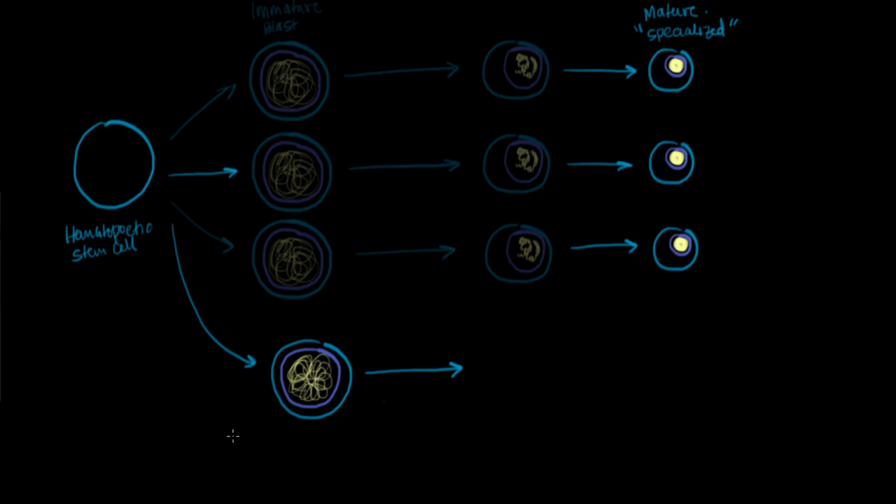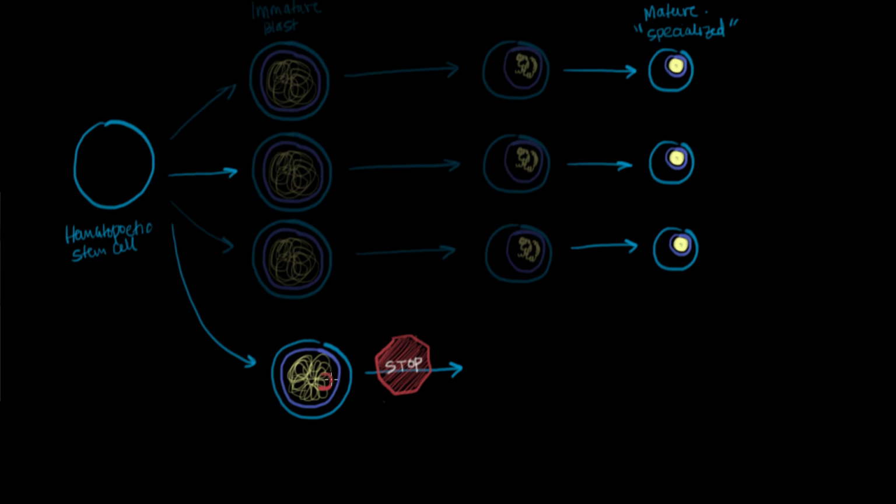It's almost as if there's a stop sign over here. Stop sign. And so this cell is stuck in the immature blast stage, right? And the reason why it's stuck is because there's a problem inside the cell's nucleus, where one of these genes or segments of DNA becomes mutated.